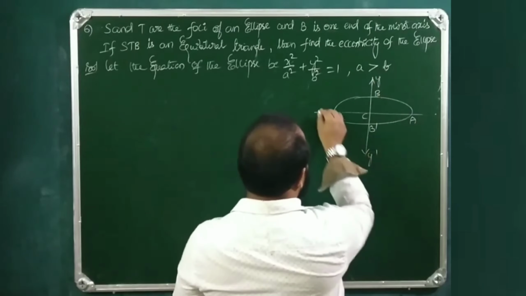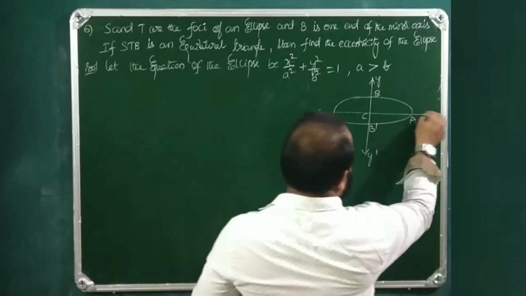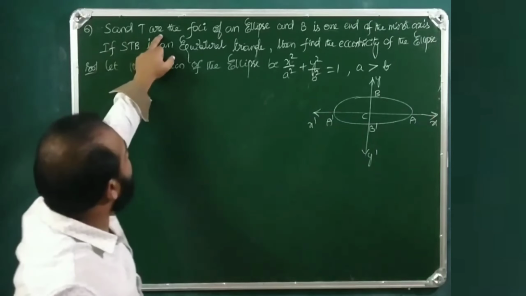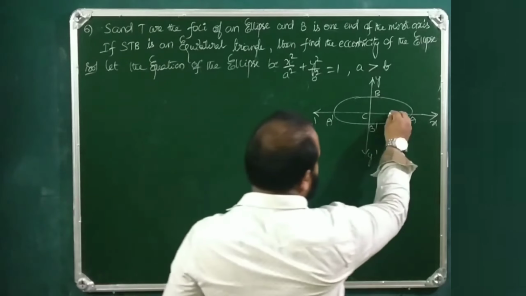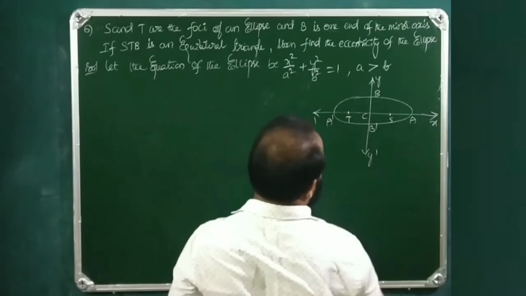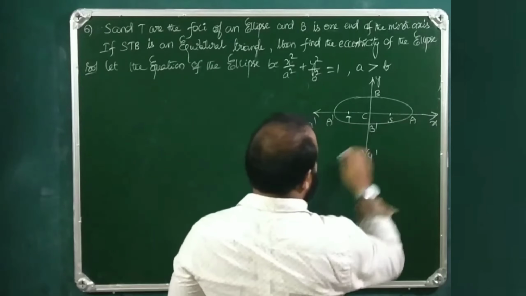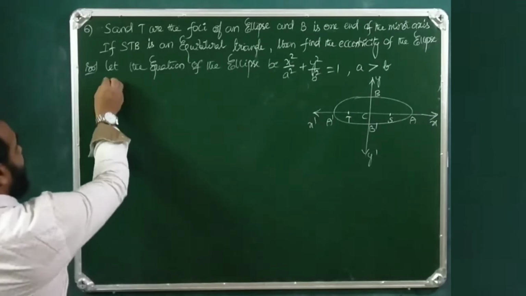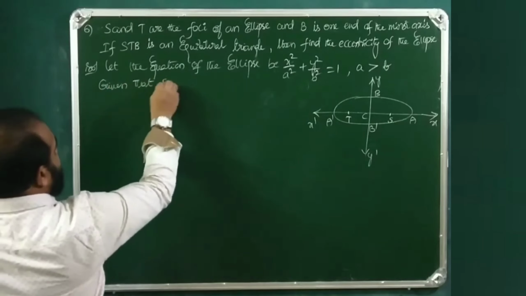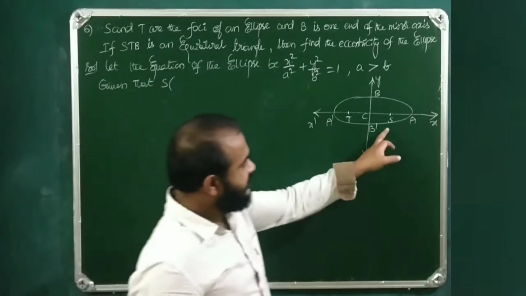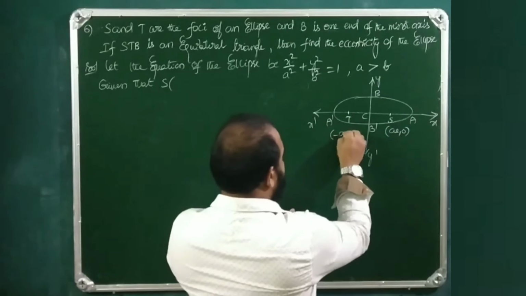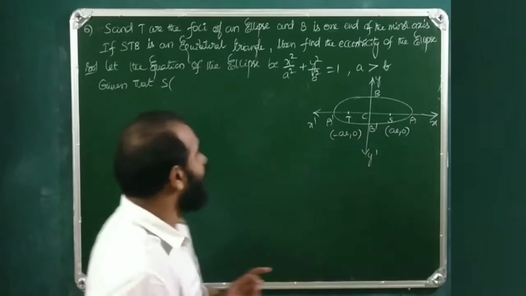Now here S comma T are the foci. So let us suppose this is S and this is T. Given that S is AE comma 0, this is minus AE comma 0.